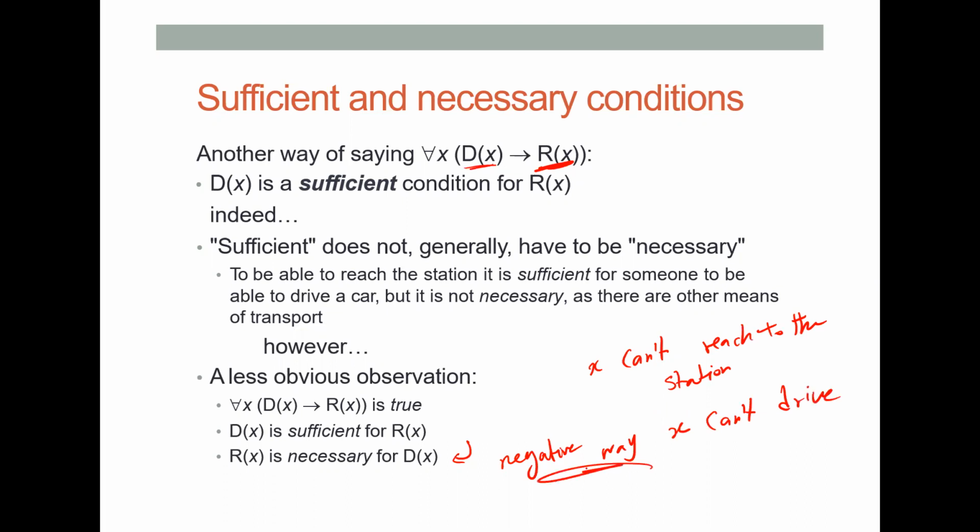That's why the necessary condition is dealt with as a conditional statement from the right side to the left side in a negative way. Having the consequence, the goal, being false is necessary to have D of x being false too.